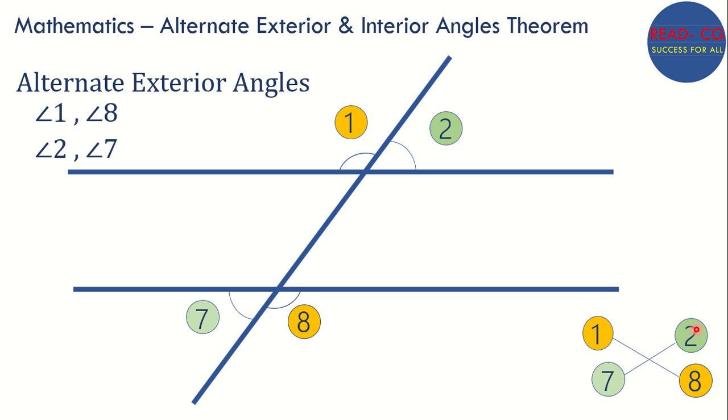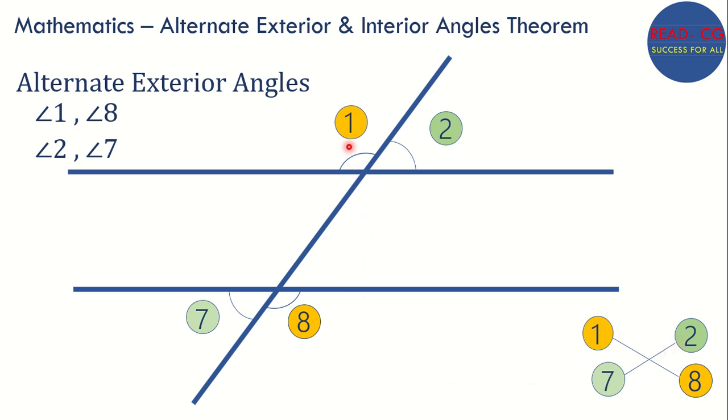Similarly, angle 2 and angle 7, these two angles known as alternate exterior angles.